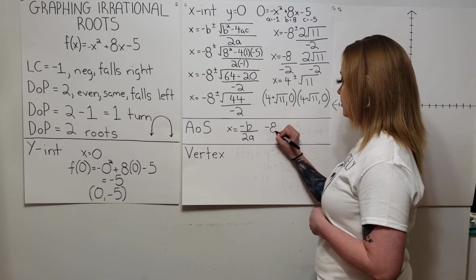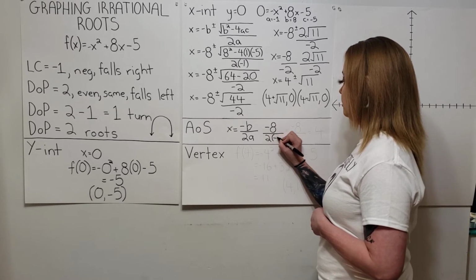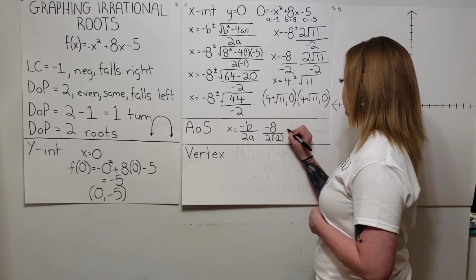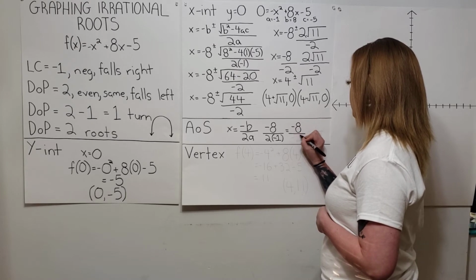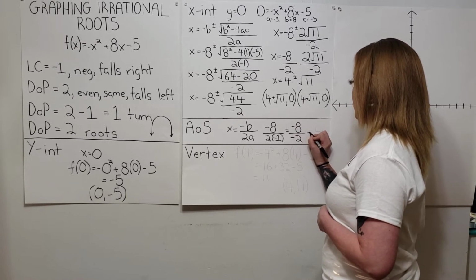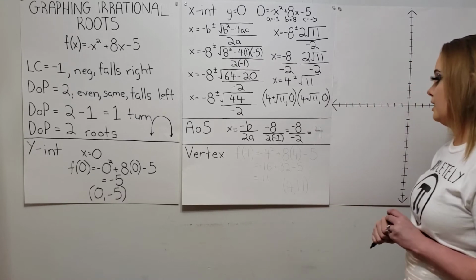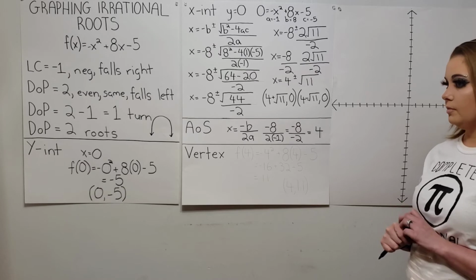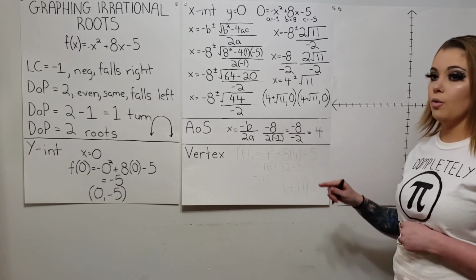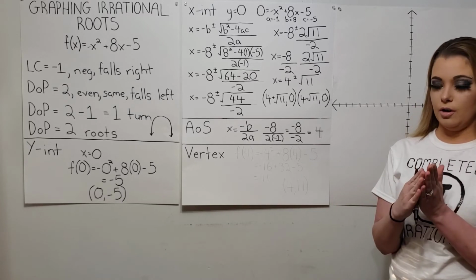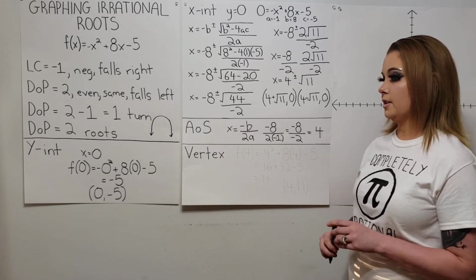Negative 8 divided by 2 times negative 1 equals negative 8 divided by negative 2. And sure enough, our axis of symmetry is equal to 4. Our axis of symmetry is a vertical line where x equals 4 and our quadratic is going to fold around it.